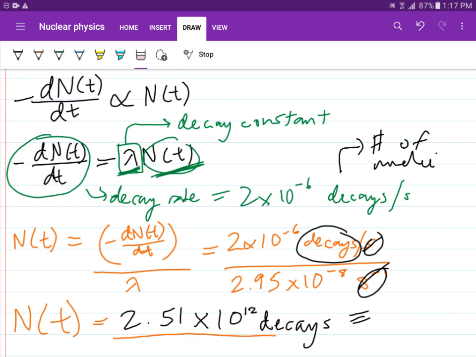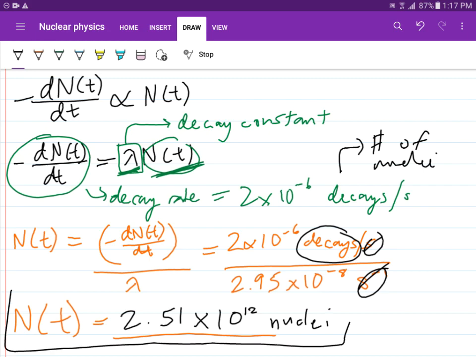So this is the answer for the second question. Given that the decay rate is 2 microcuries, the amount of nuclei is 2.51 times 10 to the 12 nuclei.